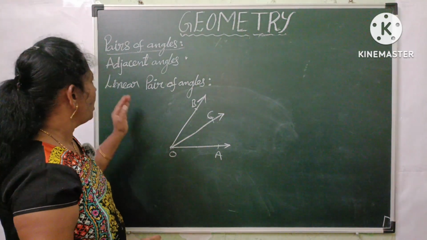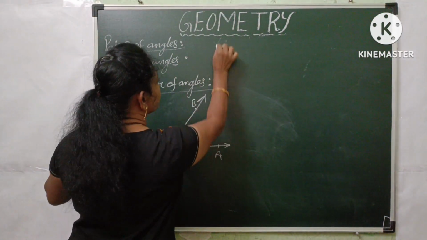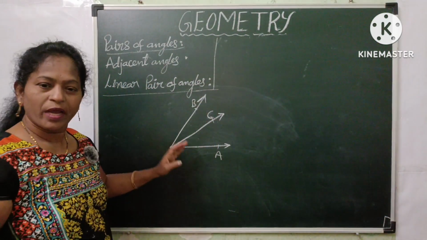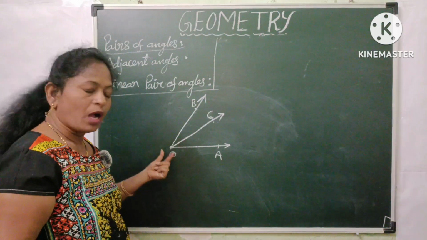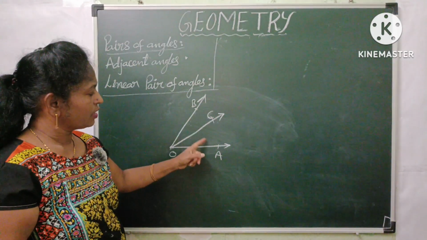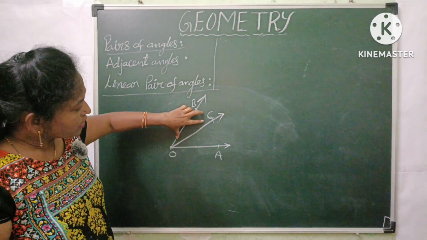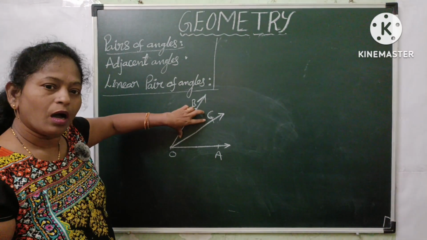Why? Because for angles to be adjacent, they must have a common arm and a common vertex. What is the common arm here? OC is the common arm.